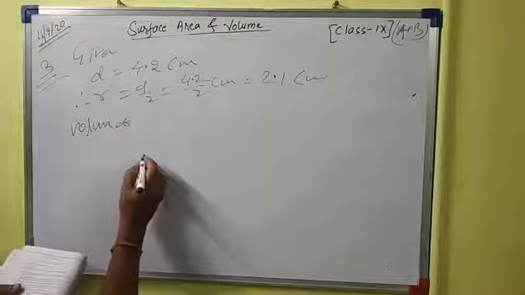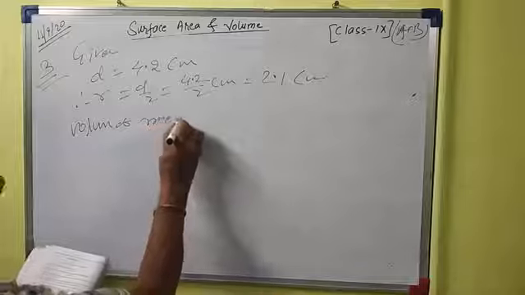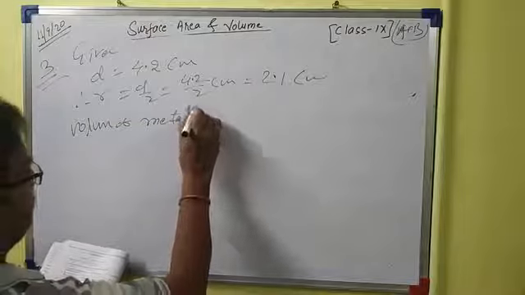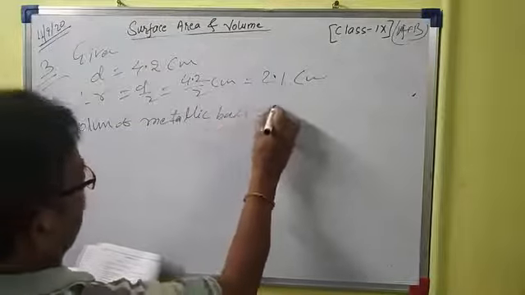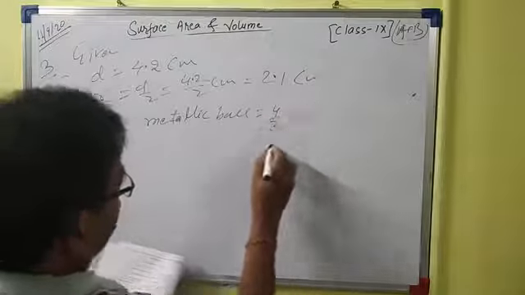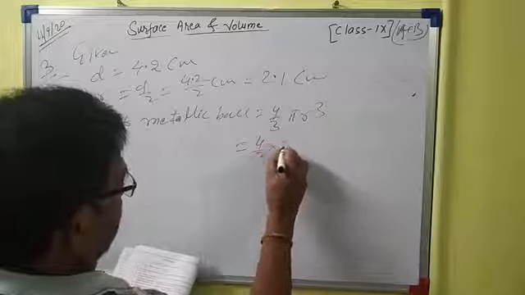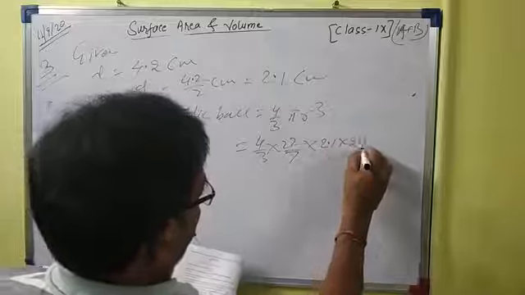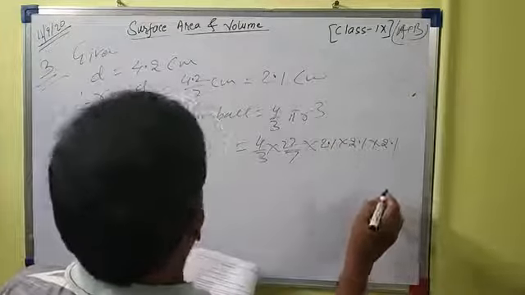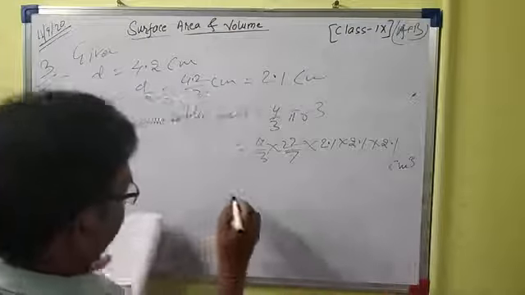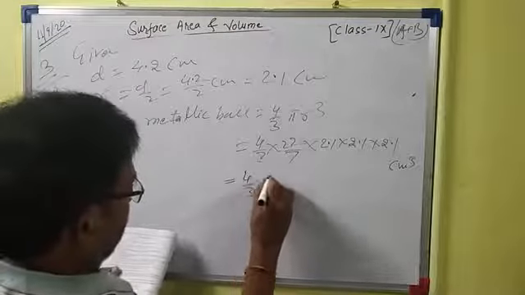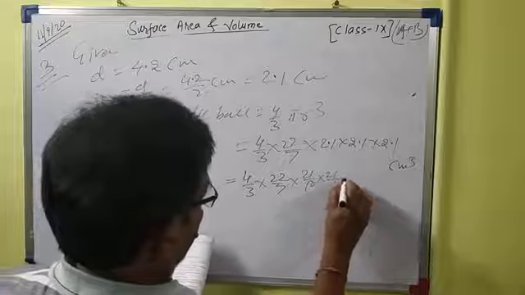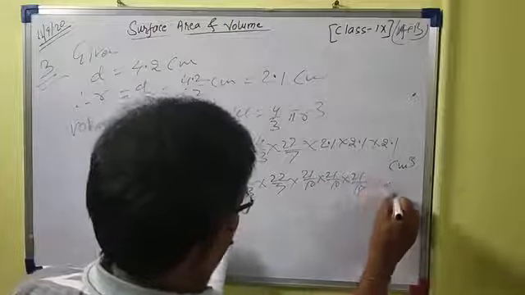Volume of metallic ball equal to 4 by 3 pi r cube, 4 by 3, 22 by 7, 2.1 cm cube, 4 by 3 into 22 by 7 into 21 by 10 into 21 by 10 into 21 by 10 cm cube.